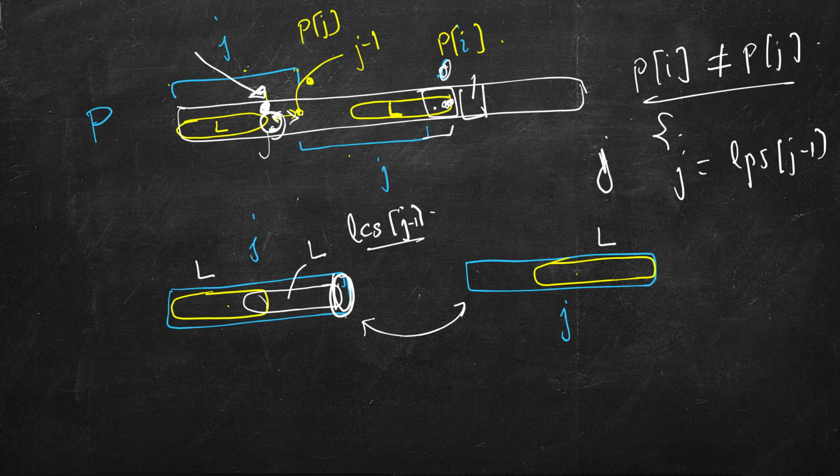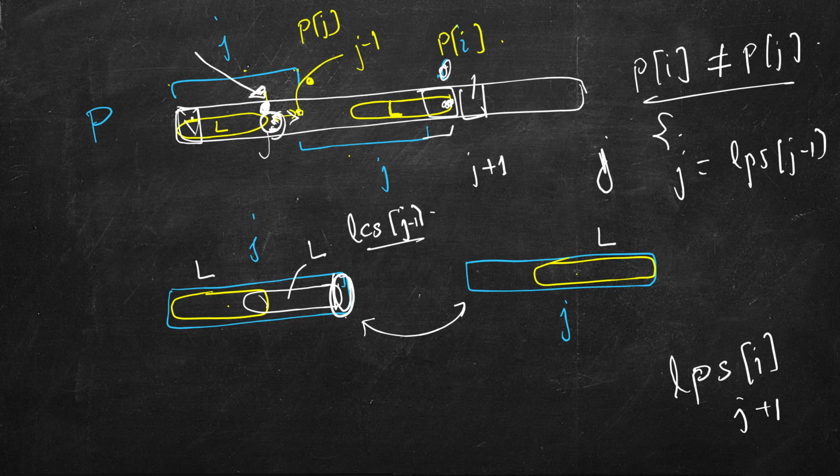This is still i minus 1. This yellow is within this blue only, so before i. So again, if this matches with this, we return j plus 1, or LPS of i will be j plus 1. And if it doesn't match, then again j equals LPS of j minus 1 until we reach the beginning.